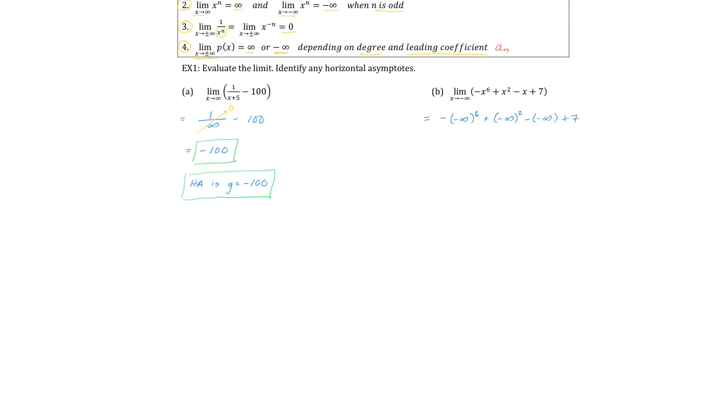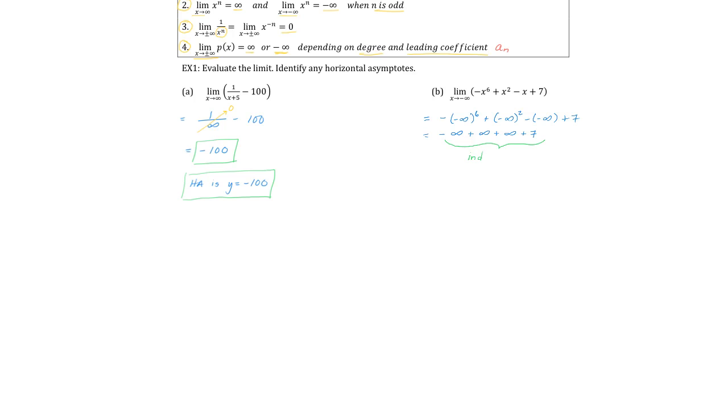So I kind of wanted to see what this looked like. Notice that I'm going to have a negative infinity plus infinity plus infinity plus 7.